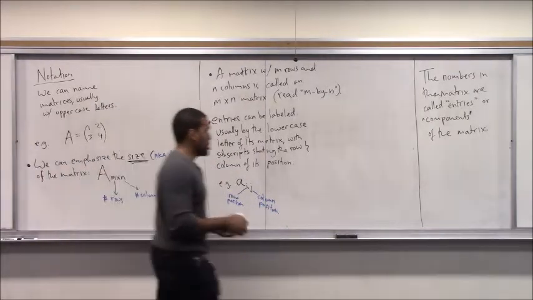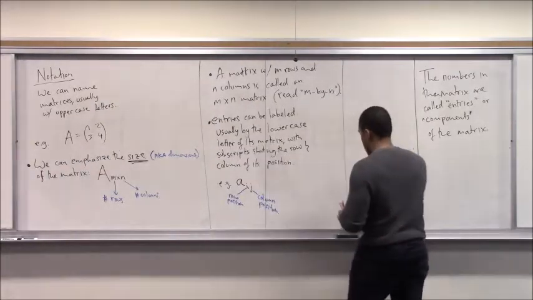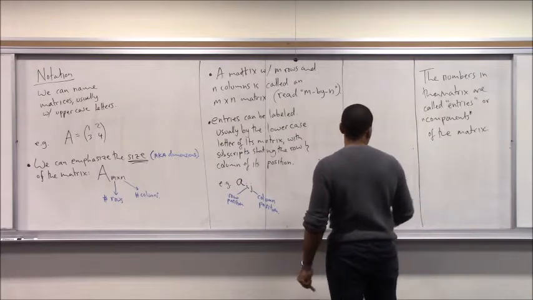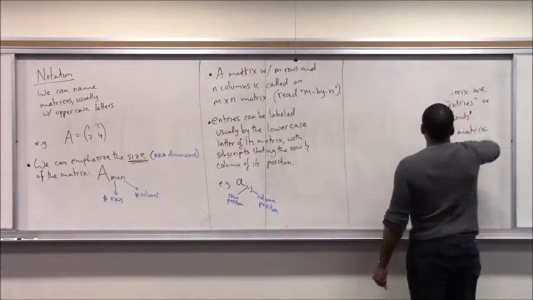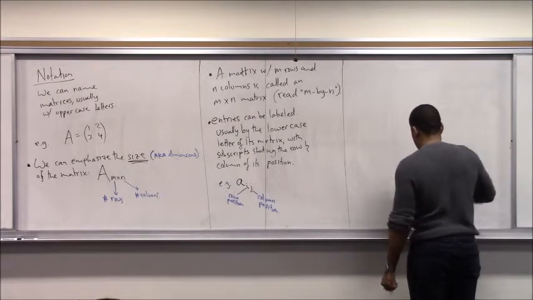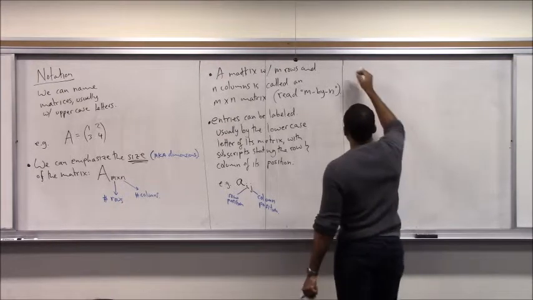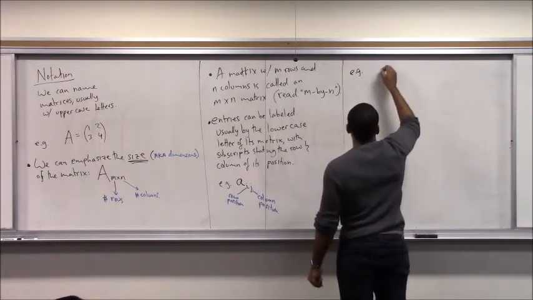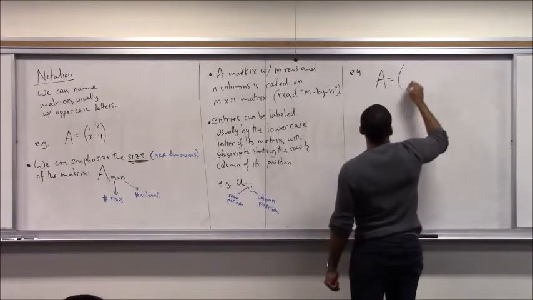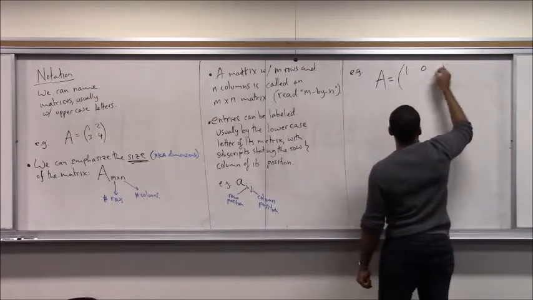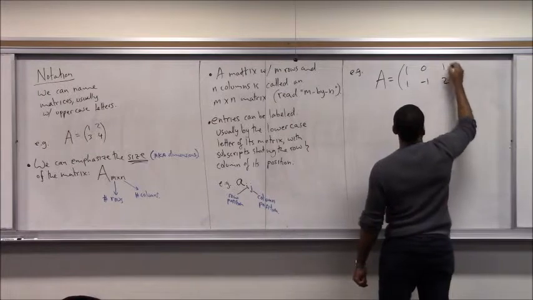So let's put this all together with a larger example. So let's say I wrote this example. So I can say A here, it is 1, 0, 1, 1, minus 1, 2.